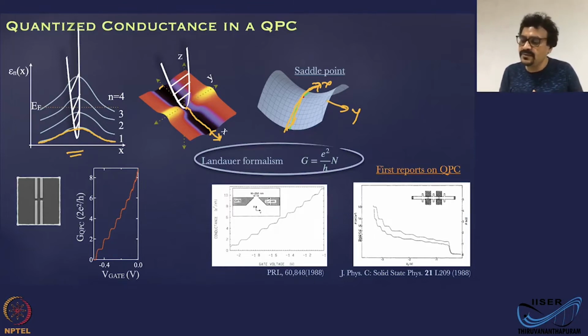Now let's look at the transport through the system as a function of the gate voltage. That is one of the main control knobs that we have. As you make the gate voltage more and more negative, you increase the energy of the electron at the constriction, and you also make the constriction tighter.